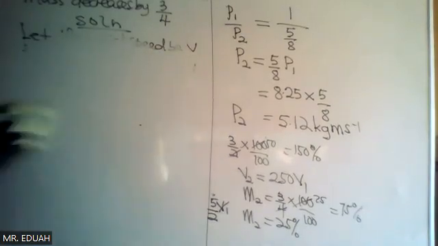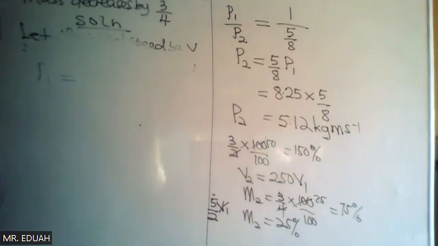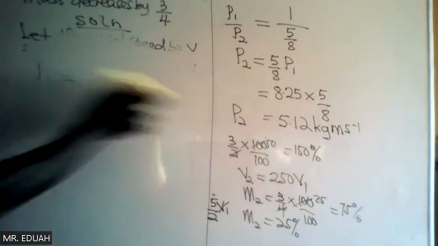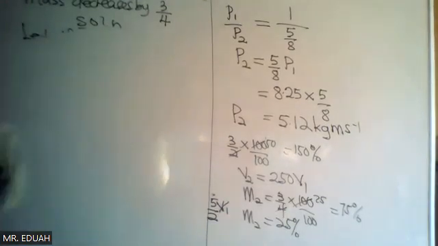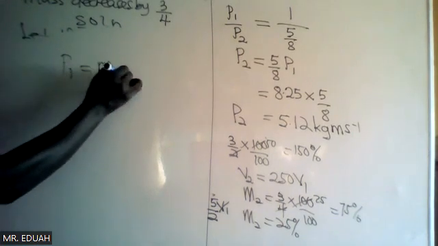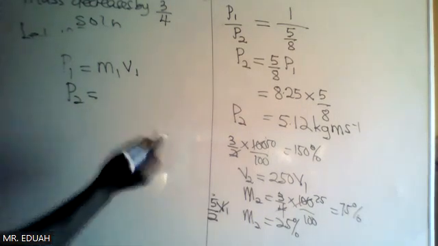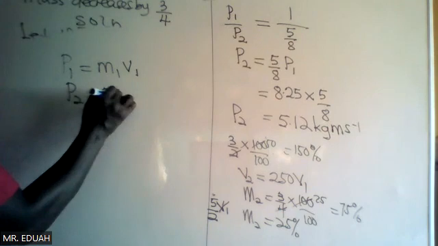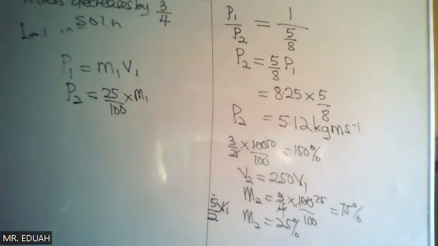So P1, I'm coming, let me clean the board very well. P1 is the same, M1, V1. P2 in terms of mass is 25% over 100 of M1 times V2.